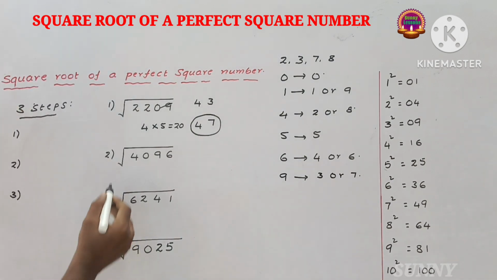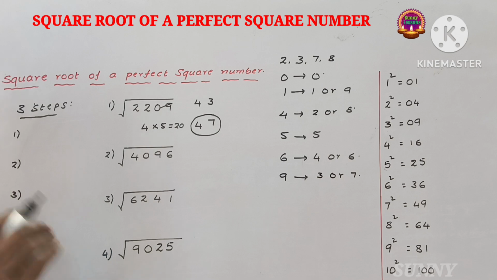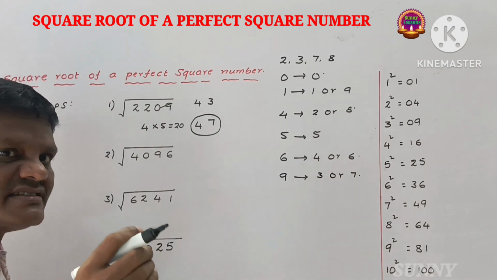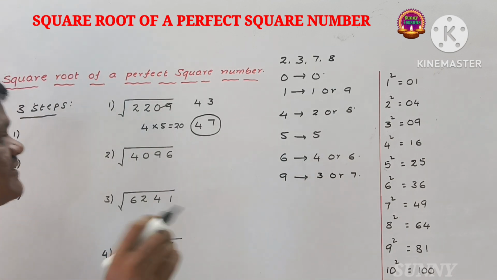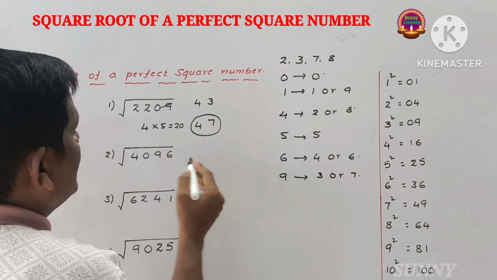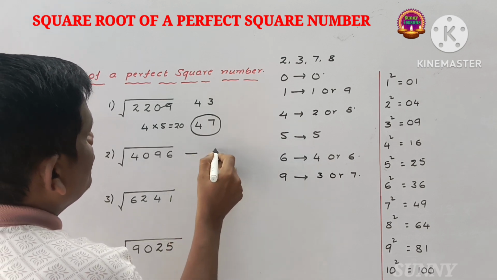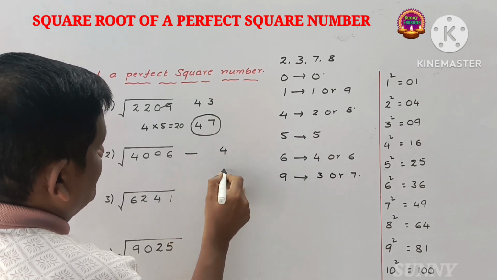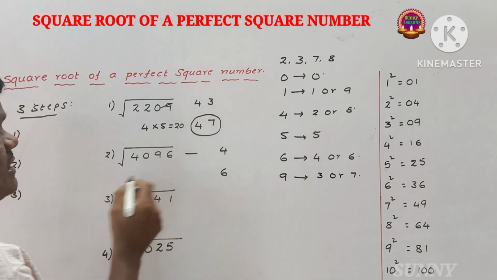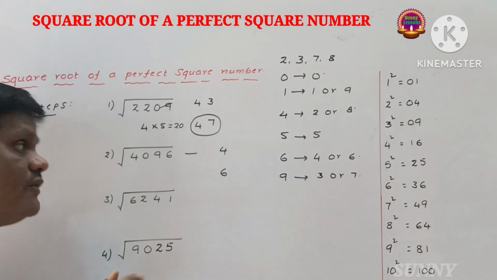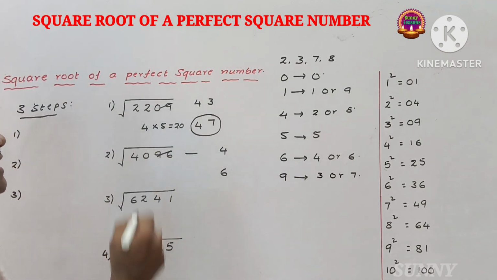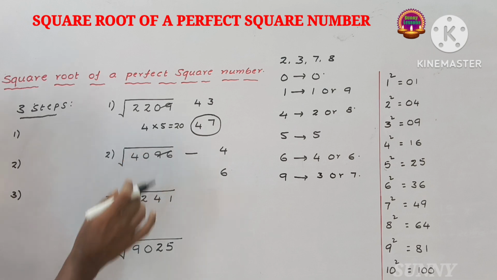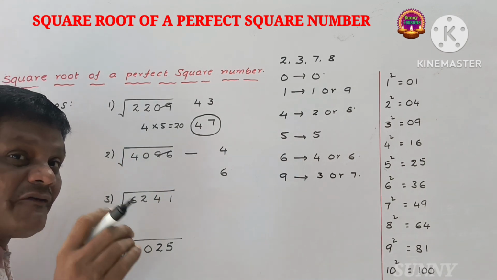The second one is the square root of 4096. When we get the last digit 6 in the perfect square number, check: it is 4 or 6. The second step is to strike out the last 2 digits. We have to check the nearest perfect square to 40.